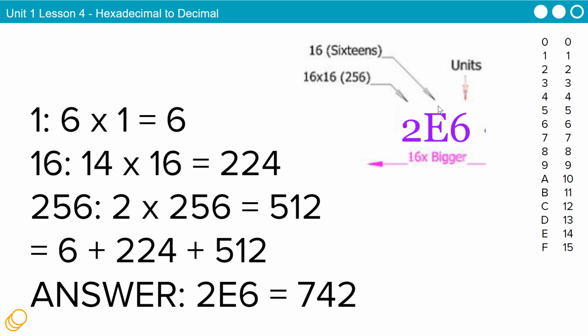This is my 16s place. So I take whatever value is here times 16. And this is my 256 place. So I multiply that by 256. So it's always times 1, times 16, times 256. The numbers change based on what my hexadecimal number is.